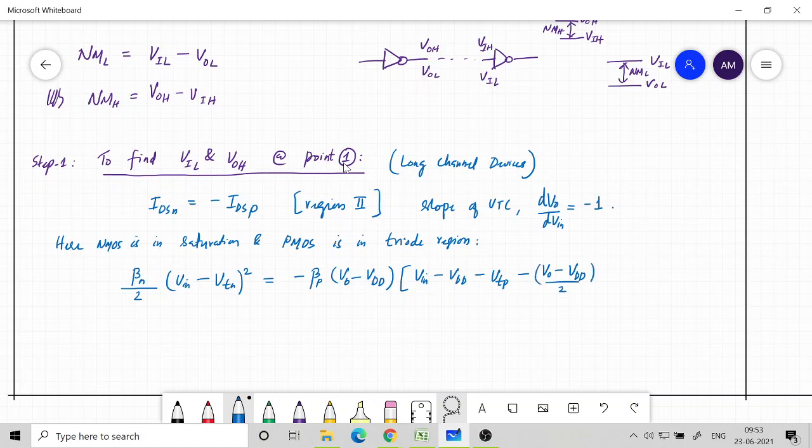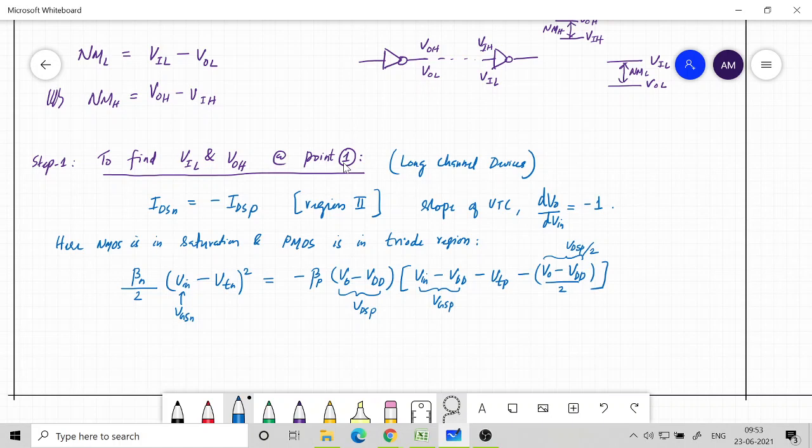I hope you are following what I am writing. This is my VGS and this is my VDSP, this is VDSN, and this is my VGSP, and this one is VDSP by 2.